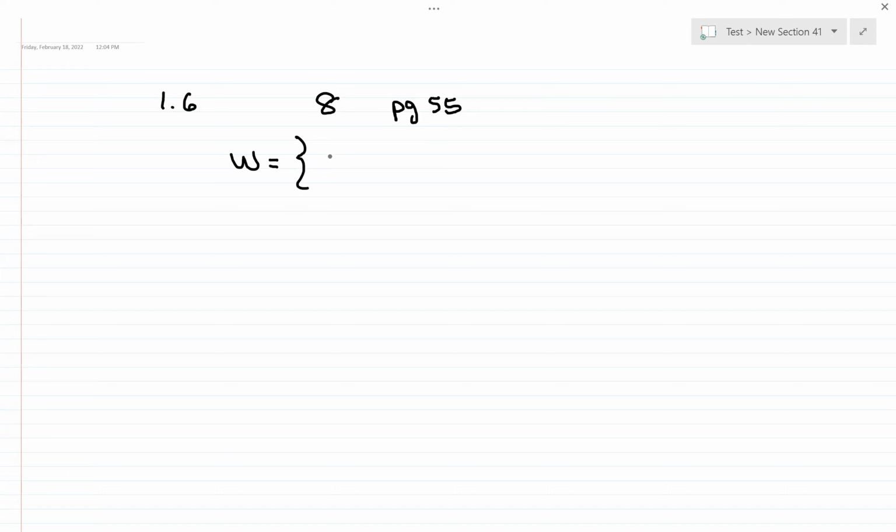So that would be things that look like A1, A2, A3, A4, and A5. Those are things in R5 where the sum of these adds up to 0. That's what W is. Well, I should have said equals 0.